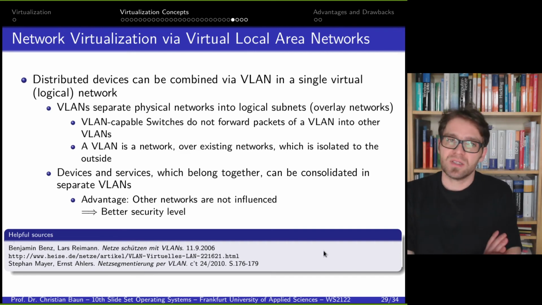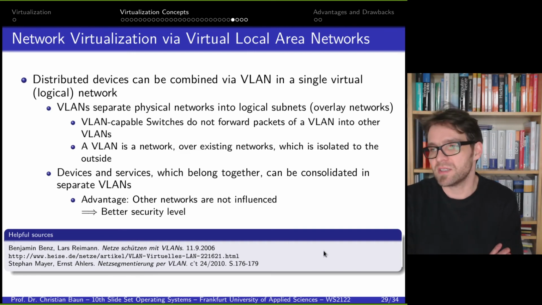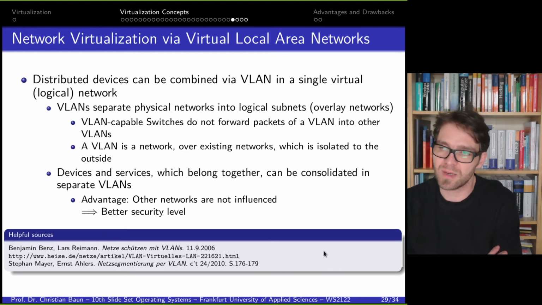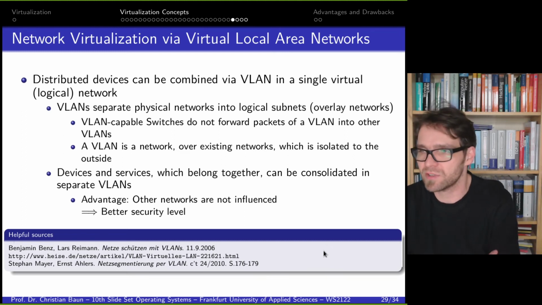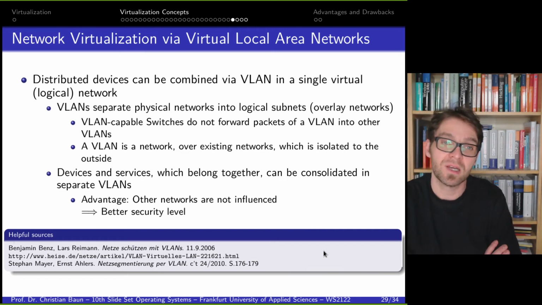Last but not least, we also have virtualization in computer networks. I'm not sure if you have learned this in your computer networks class up to now, so we can have just 2 or 3 slides about this now.